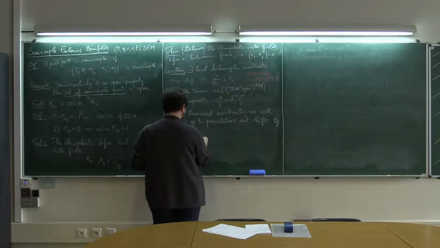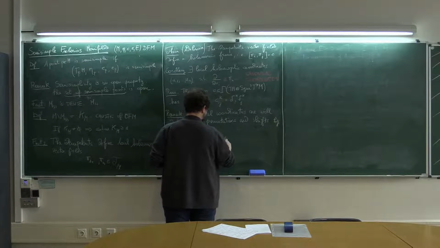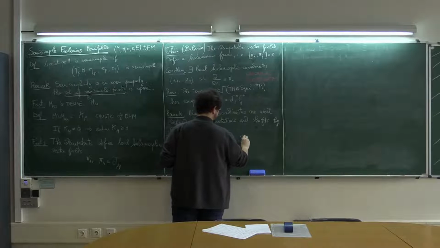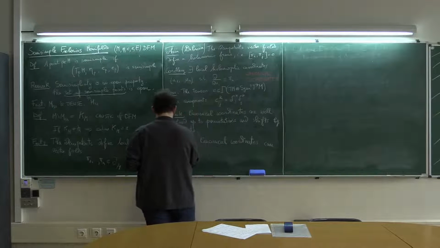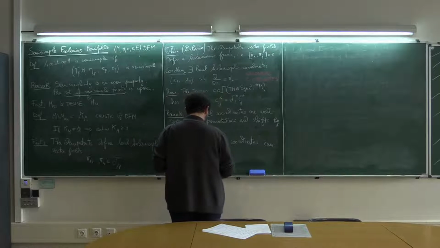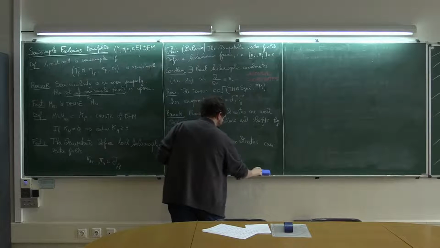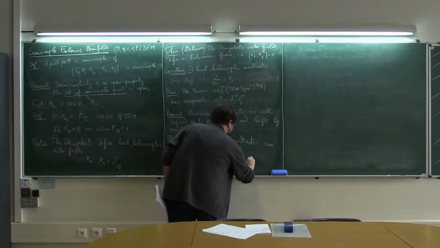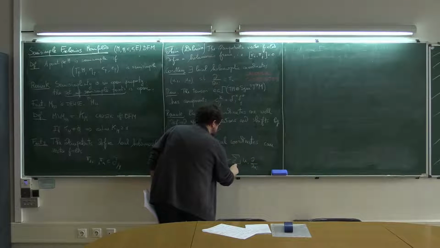So canonical coordinates can be chosen so that the Euler vector field E equals the sum of ui times the coordinate vector ∂/∂ui.